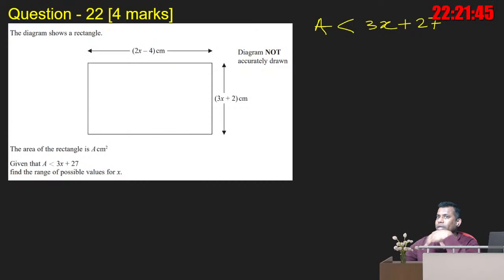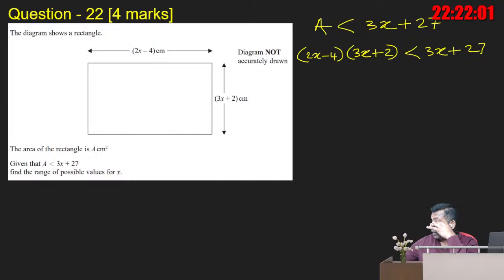So they just join two topics together, right? So area, you can say 2x minus 4, the length, multiplied by 3x plus 2, less than 3x plus 27. That's all they're asking, right? So that is the inequality. And after that, they're asking to find the range of possible values for x, right?